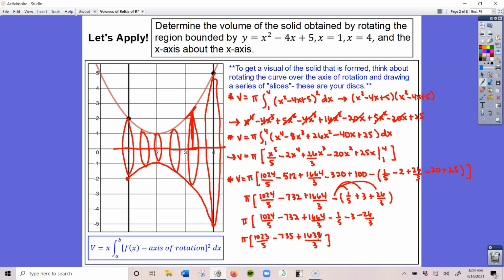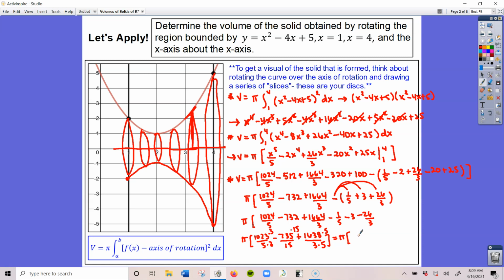Now I will have to put this over a common denominator, which is going to be 15. So I have to multiply this by 3 and this by 3. I have to put this over 15 and multiply this by 15, and then multiply this denominator by 5 and this numerator by 5. And that would give me pi.